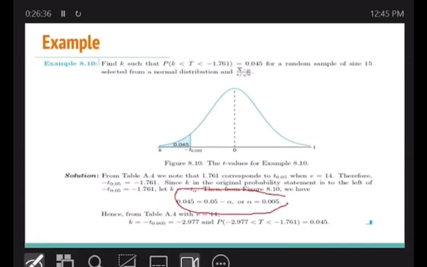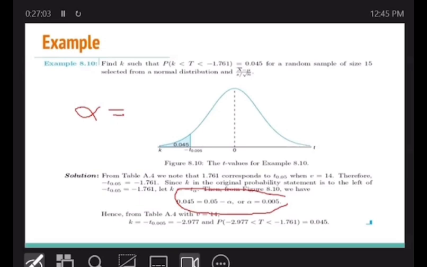0.045 will be equal to 0.05. How do I know? I'm actually going to subtract that from that, because alpha, do you know the standard alpha level of significance? It is 5%, 0.05.